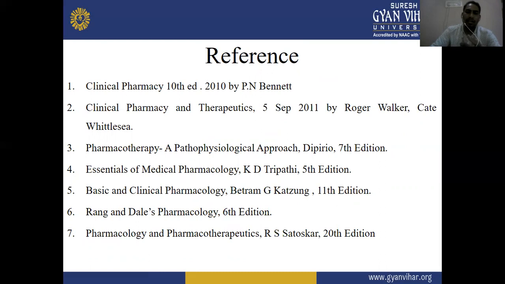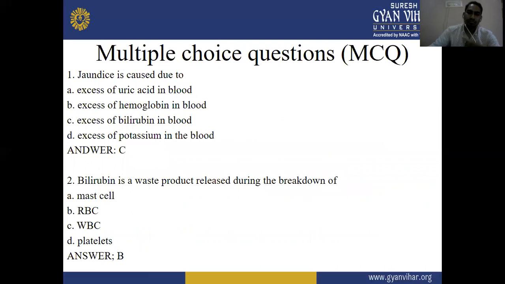Next are Pharmacotherapy: A Pathophysiologic Approach, 7th edition, and Essentials of Medical Pharmacology, K.D. Tripathi, 5th edition, and Basic and Clinical Pharmacology, Katzung, and Goodman and Gilman, 11th edition, and Rang and Dale's Pharmacology, 6th edition, and Pharmacology and Pharmacotherapeutics, R.S. Satoskar, 20th edition. These are the references for hepatitis.